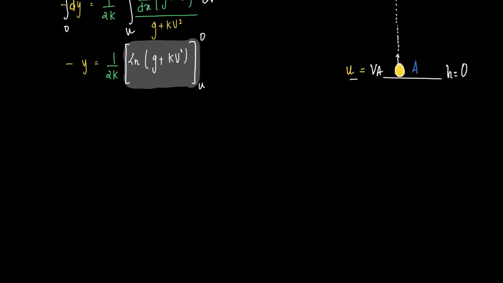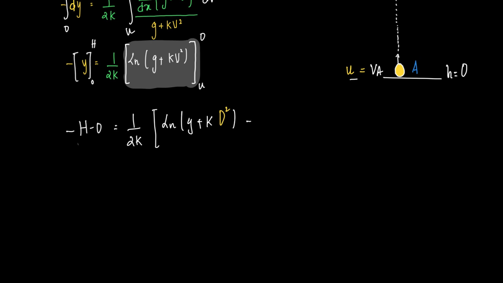Now if we were to do the rest of the calculation, this becomes minus y varying from 0 to h. So instead of minus y, now I can write minus h minus 0 is equal to 1 by 2k times ln of g plus k into, instead of v, we substitute 0, so 0 square, right, minus ln of g plus k into, instead of v, we now substitute u, which is u square.